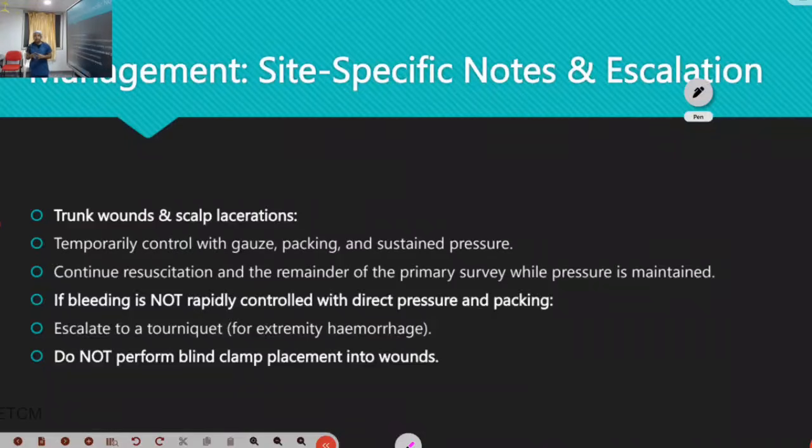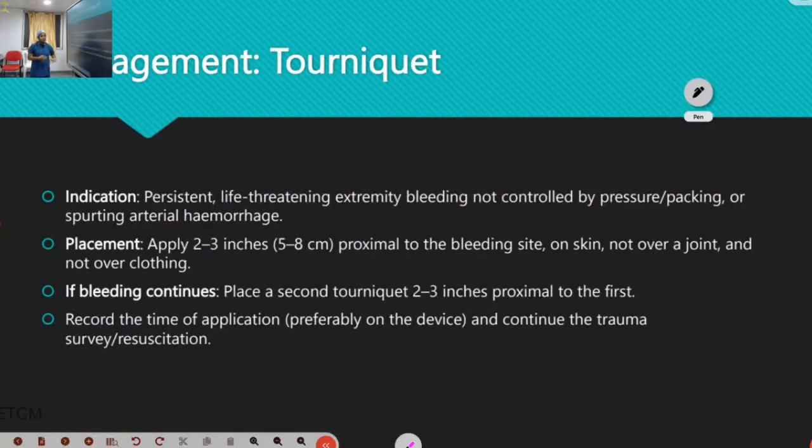We take a pack of sterile gauzes and stack it inside the deeper tissues. If we are not able to stop the bleeding with these two methods, we will go for tourniquet application. And do not perform blind clamp placement into the wounds. That is also a point they have emphasized.